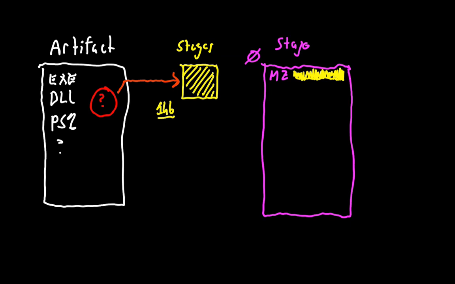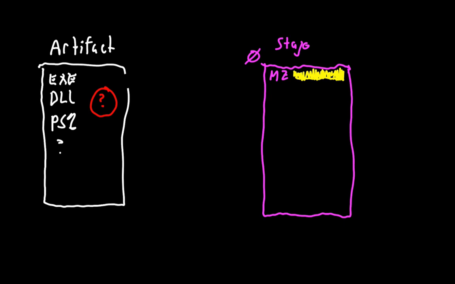But right now, I just want you to be aware that when you have an artifact that contains a stager, what is shipped with that artifact is, well, the stager, not the payload. And that is beneficial when you are dealing with size constraints. Now, the other option is to skip the stager altogether and to not embed that into your artifact, and instead to embed the entire payload itself.